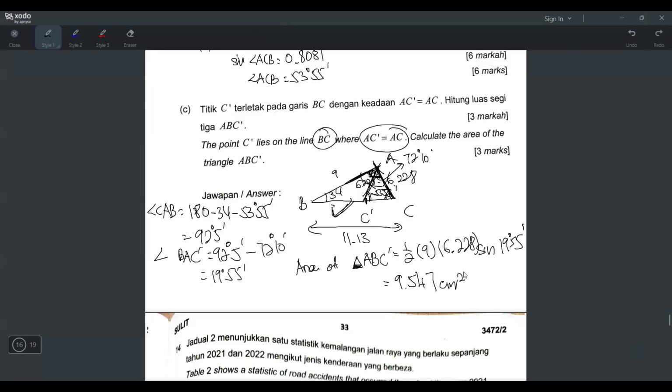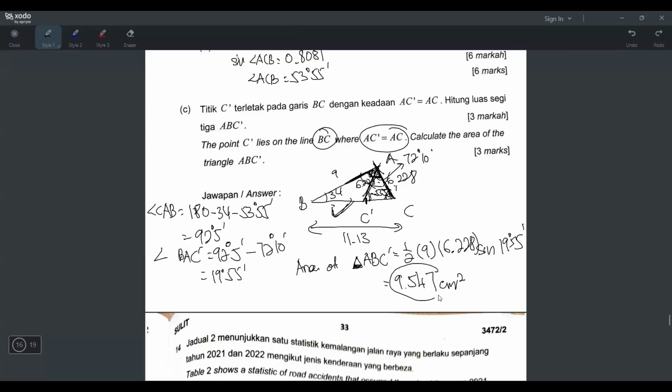Let me double check. 92 degree 5 minute minus 72 degree 10 minute. So 19 degree 55 minute, 19.92. 19.92 times 6.228 times 9 divided by 2, 9.5. Yeah, correct.